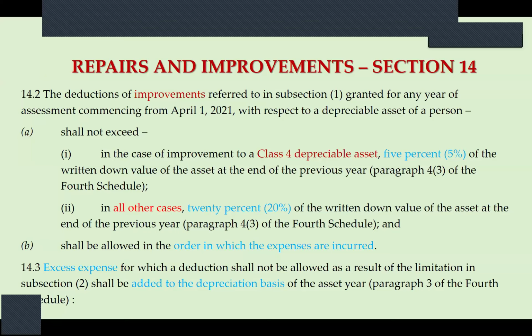So each and every year when we are using that asset, it is depreciating. So we will multiply that written down value by 20% or 5%.